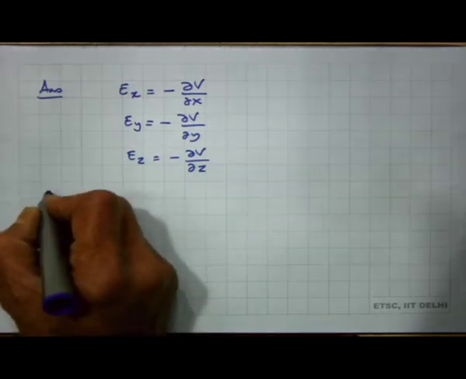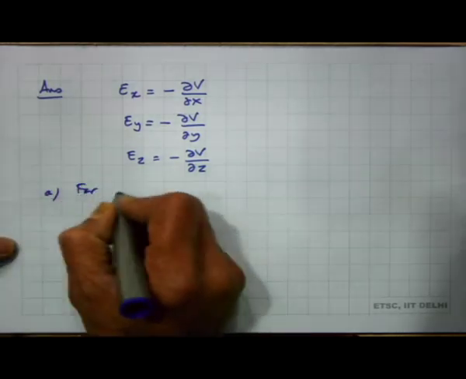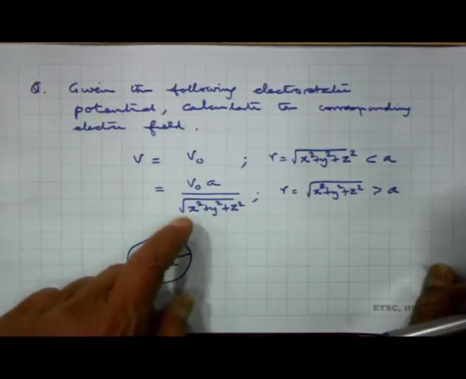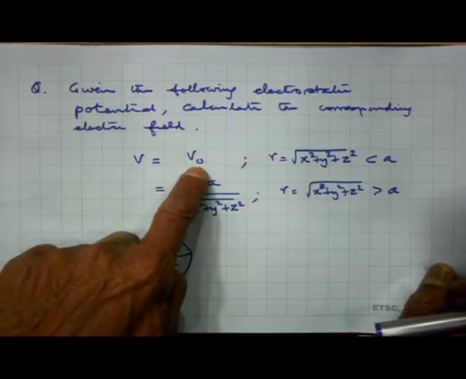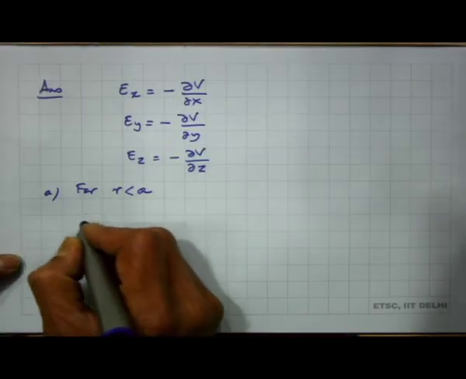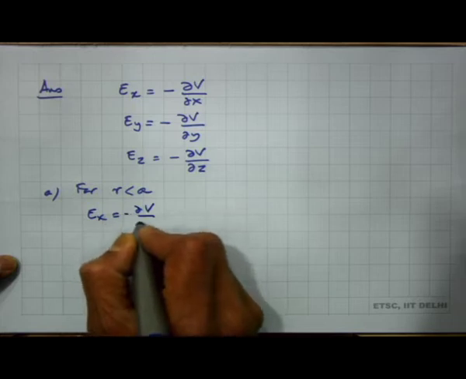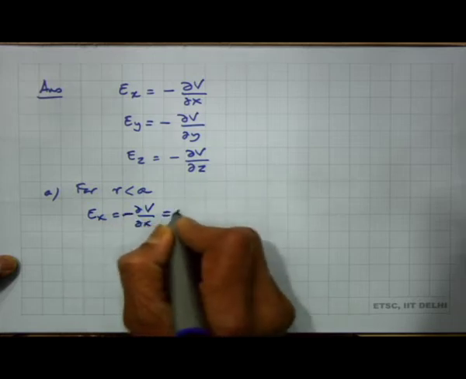So, first for r less than a, the potential is constant. So, we will have E x equal to minus del V by del x, which is equal to 0.